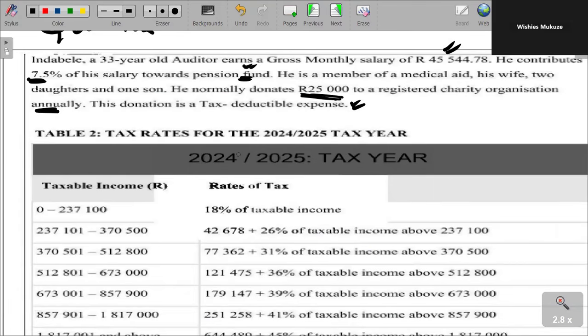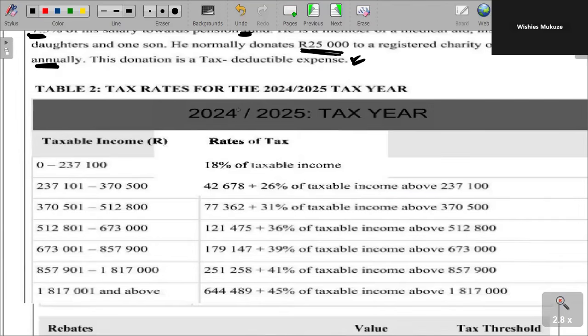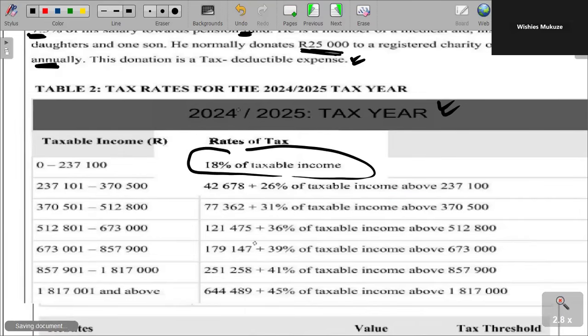And then we are given a table of tax rates for the 2024-2025 tax year. The tax rate is 18% of taxable income, and we are given taxable income ranges. For example, 24,644 plus 26% of taxable income above that amount.